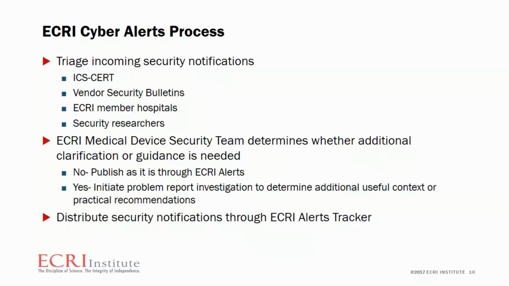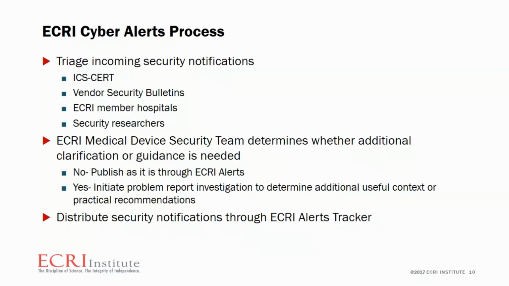This review includes identification of if practical steps and actual mitigations exist within the initial vendor communications. If sufficient, we are moving forward very rapidly to publish and make sure that those alerts get to ECRI's members as fast as possible. However, during this initial triage stage, we're able to identify promptly if a notification is simply inadequate for a hospital to actually take action.